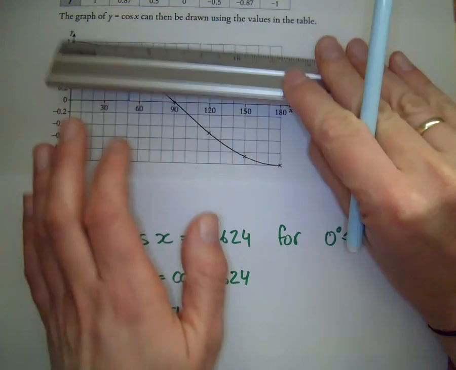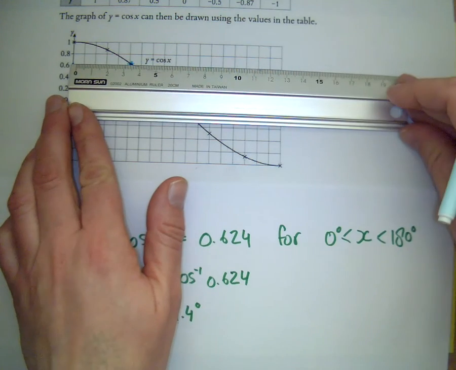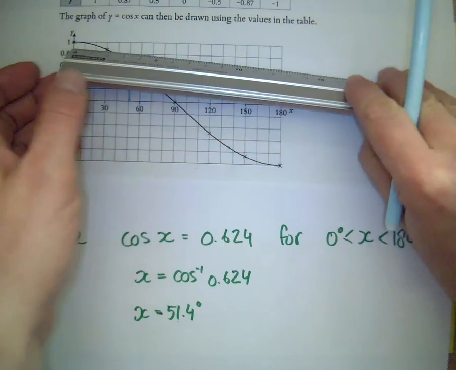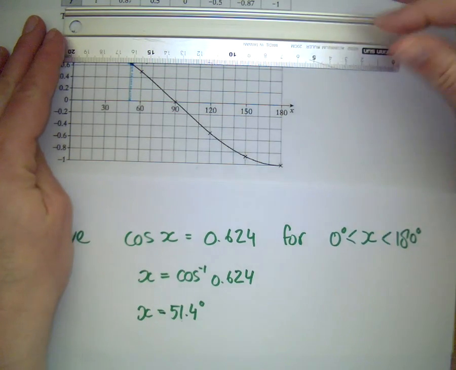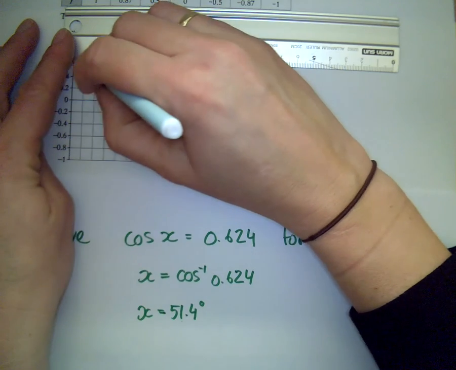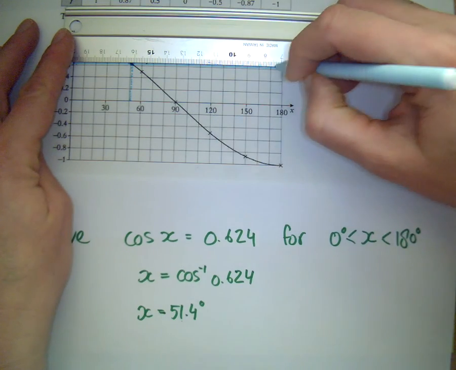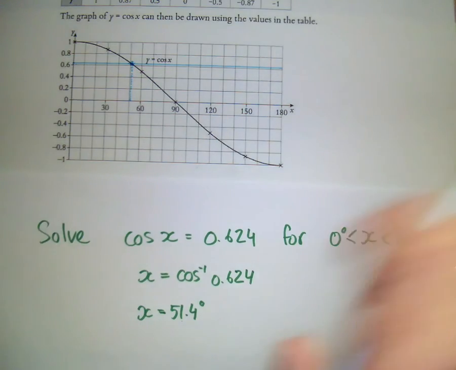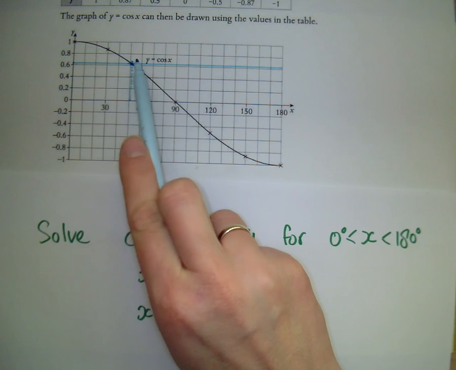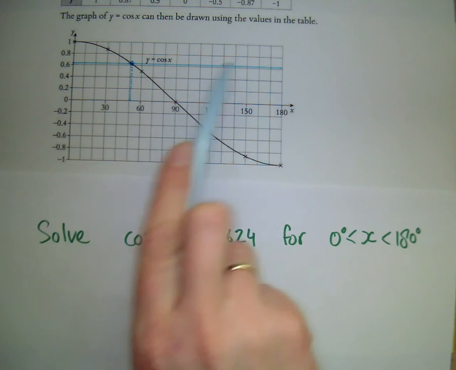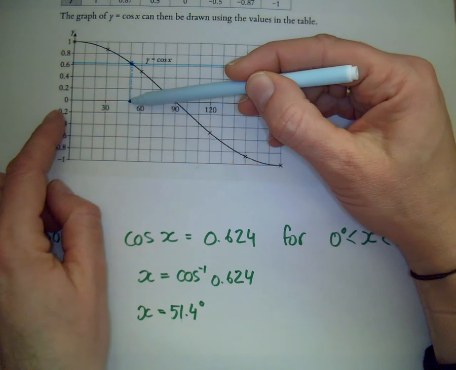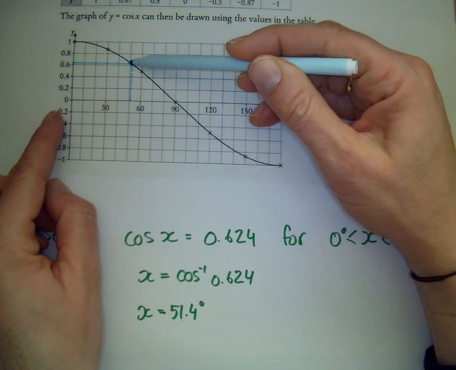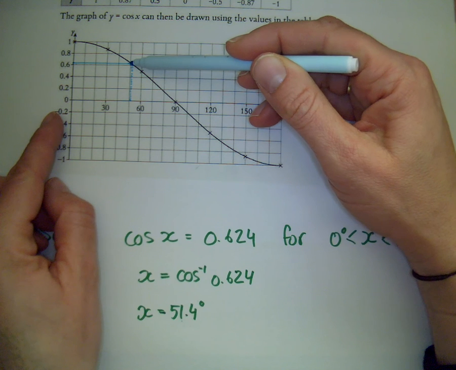Now, if we want to find all the solutions for this equation, we want to continue this line to see whether it touches our cosine curve anywhere else. And as you can see, this only touches once. So between 0 and 180 degrees, there's only one angle that has a cosine of 0.624, right?